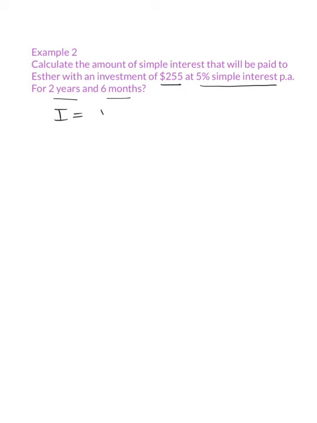So that's I equals P times R times T over 100. Next, we will need to find what P, R and T are. So P is the initial investment, which is $255. R is equal to 5, and time is equal to 2 years and 6 months.